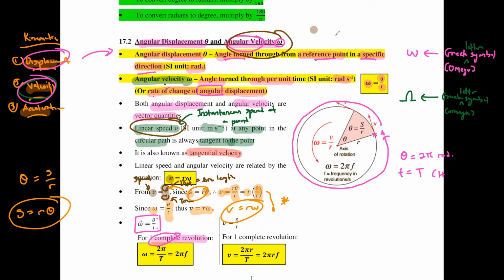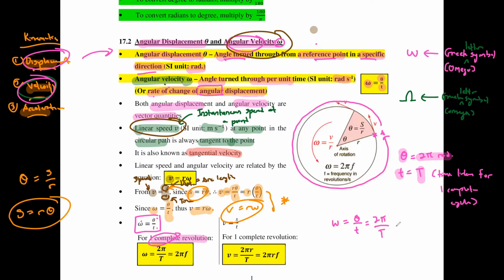Period, you learned last time as the time taken for one complete cycle, right? So for one complete revolution, the angle covered is 2 pi radians, and the time is equivalent to 1 period. So if I have omega equals theta over t, this becomes 2 pi over T.